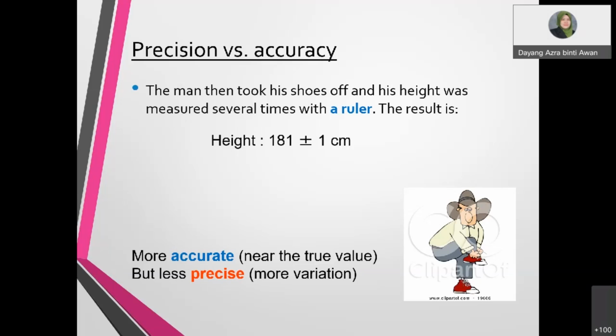So tapi this one accurate sebab dia dah take off the shoes. Tapi dia tak precise. So makin banyak the perpuluhan at the end of you punya result is makin precise your result. Okay. So 181 plus minus 1 cm is not precise. Okay. Dia boleh jadi sebab dia punya nilai is too big to compare with your true value. Okay.